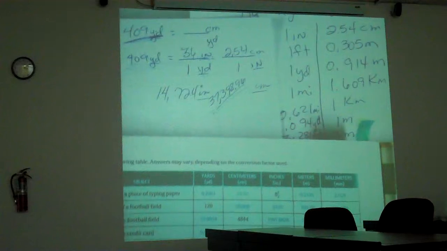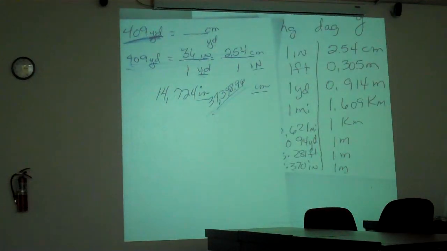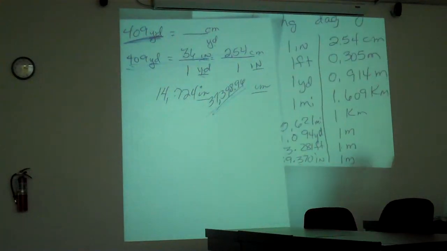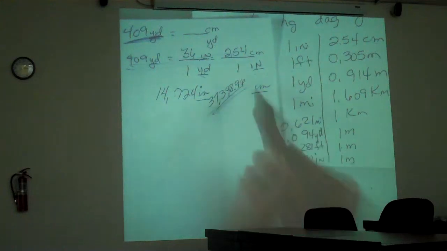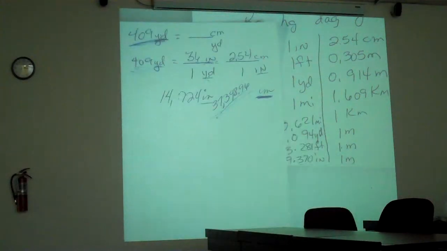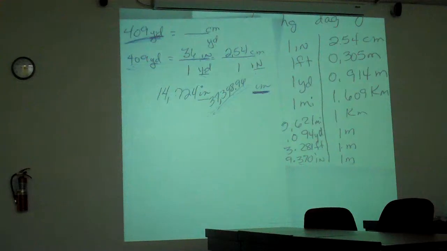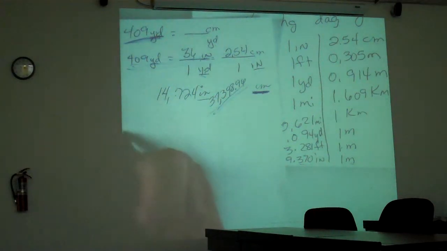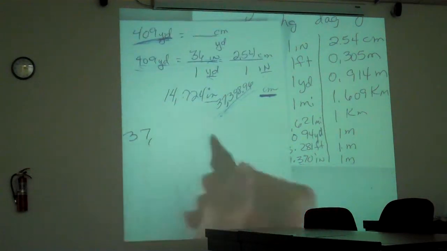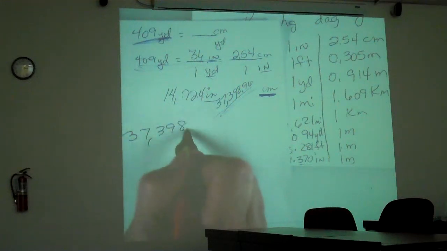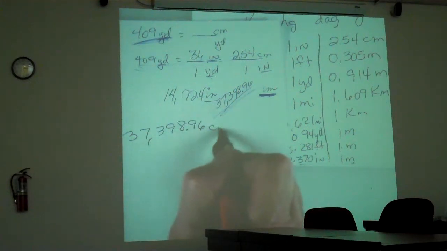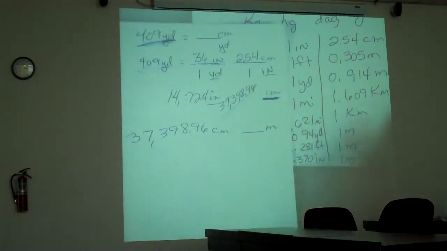Okay, let's go to meters. Which one of these do we want to convert to meters? Why don't we do this one that we just have to move the decimal on? If we go metric, all we gotta do is move our decimal. If we use 37,398.96 in centimeters, we're going to meters.